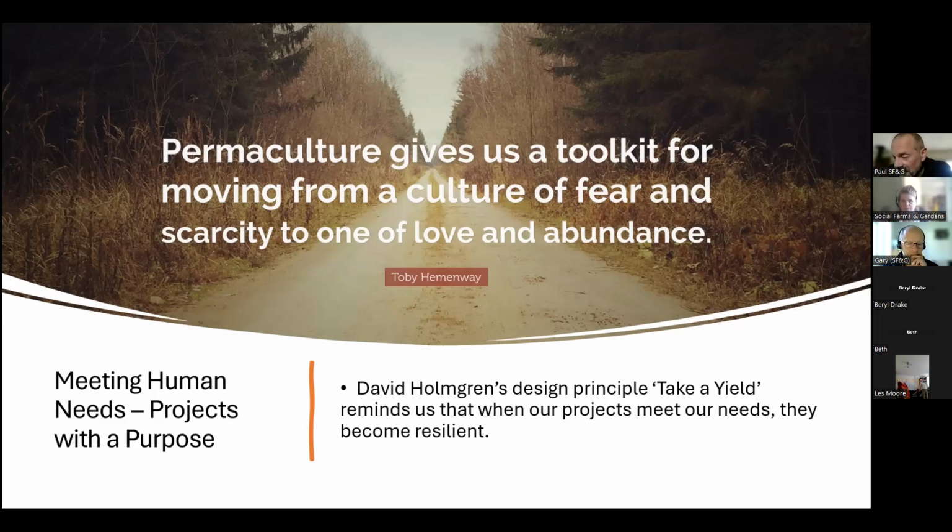So the vital importance of meeting human needs has to be understood in this context. And David Holmgren's principle, take a yield, reminds us that when our projects meet our needs, they become resilient. So this is really about dependence and how we design community gardens that we become dependent upon in the best way.